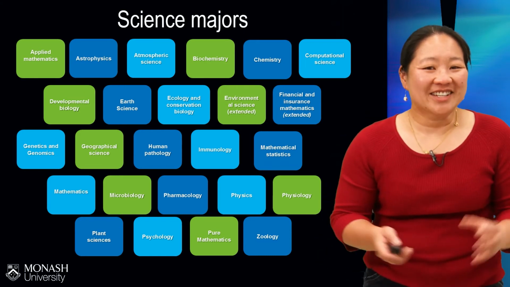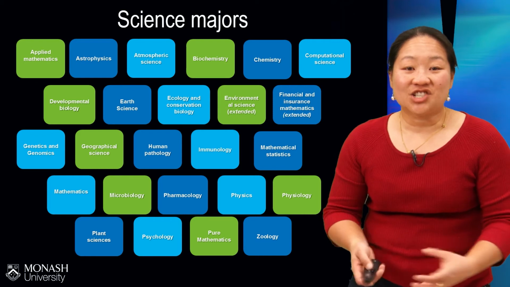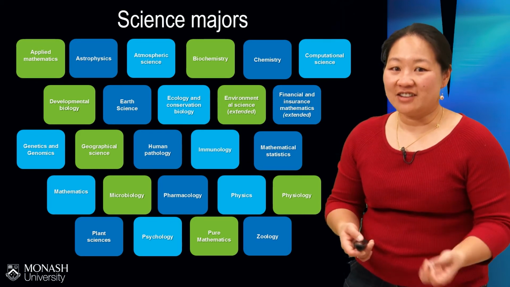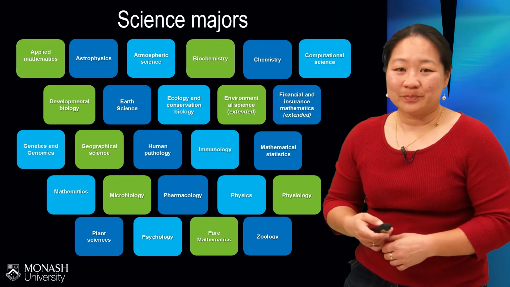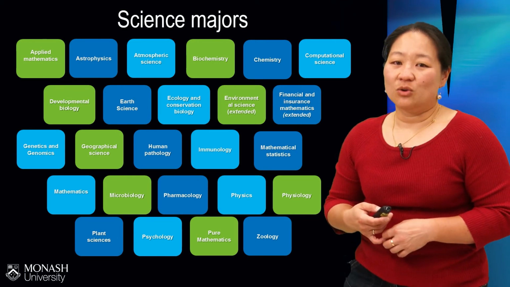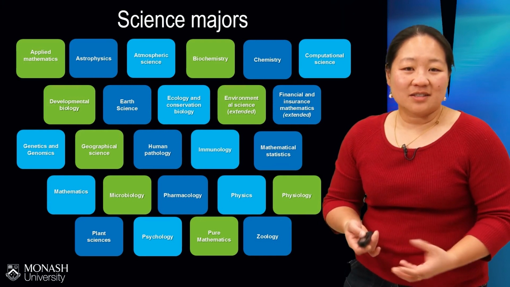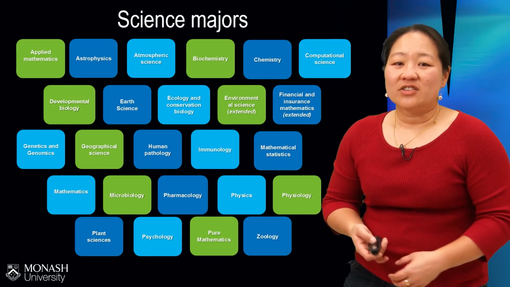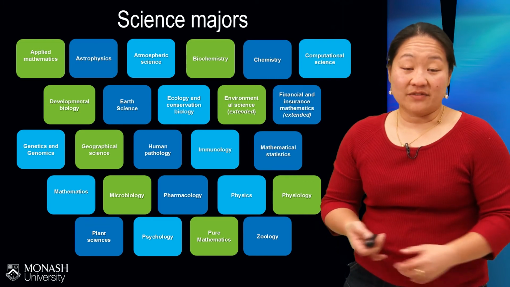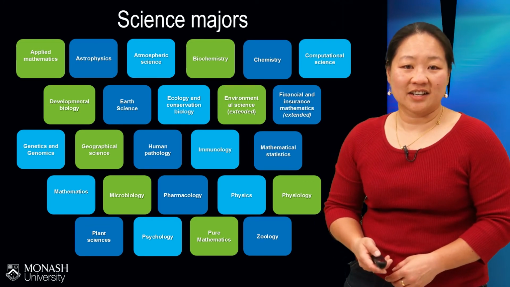Do not fear, you can select what you think you want to major in, but you can always change your mind prior to re-enrolling in your second year. If you change your mind, please make sure that you update your nomination. Some majors require maths supporting units, such as those in astrophysics, atmospheric science, computational science, and physics.